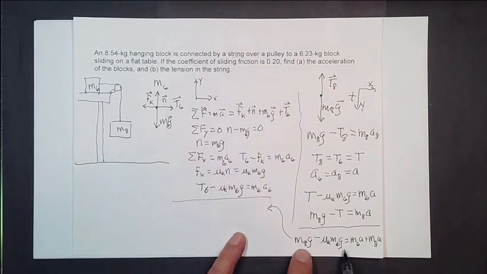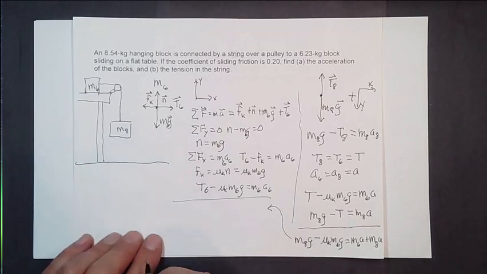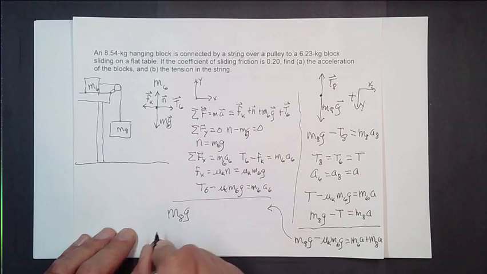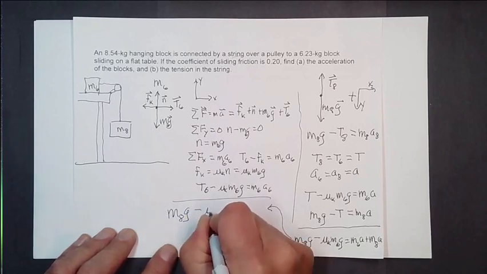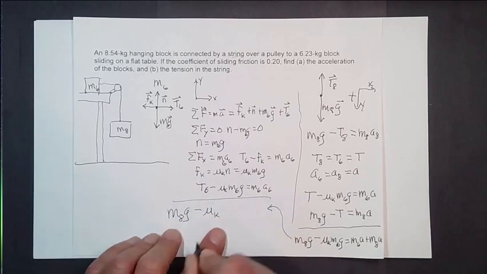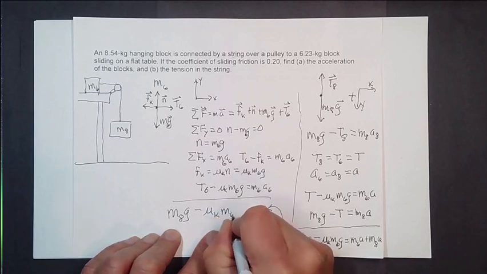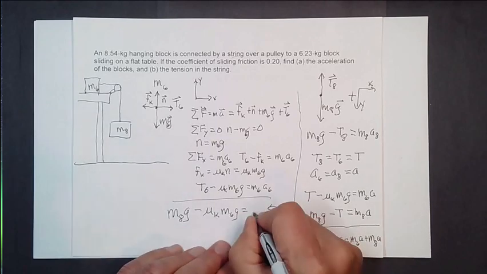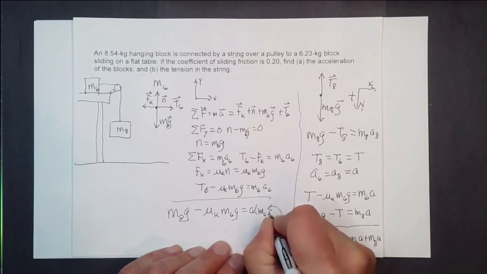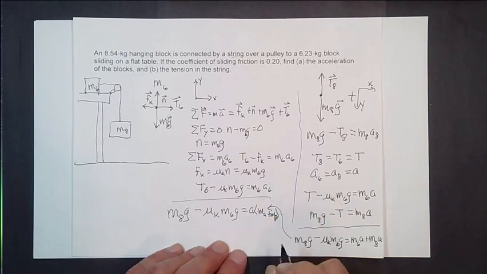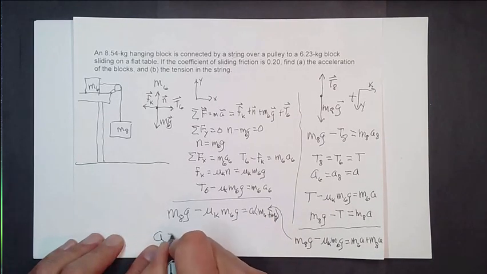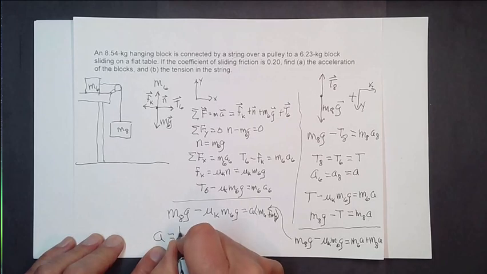Anyway, I can factor that right side, and what I'll get is m8g minus mu sub k m6g equals, both of these have an a in them, so I'll have a times m6 plus m8. Divide both sides by that, so I'll end up with this. A scary looking expression if ever there was one.